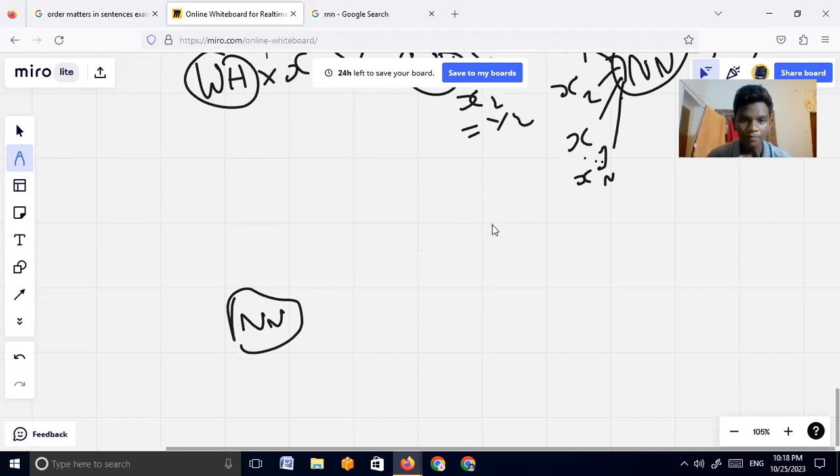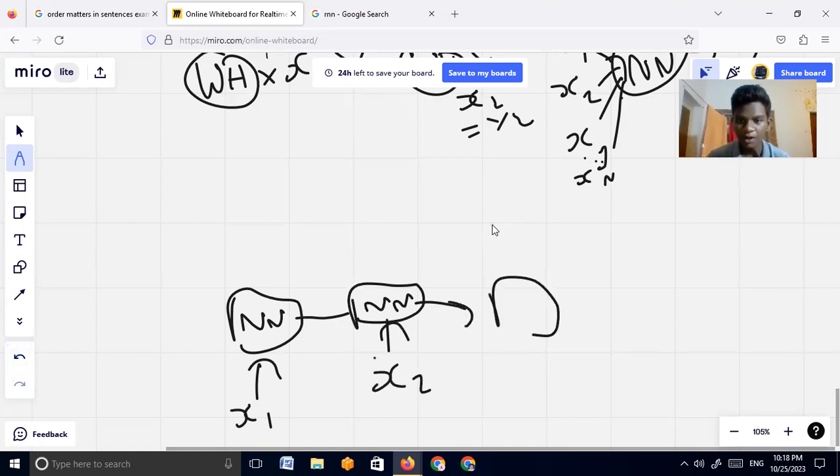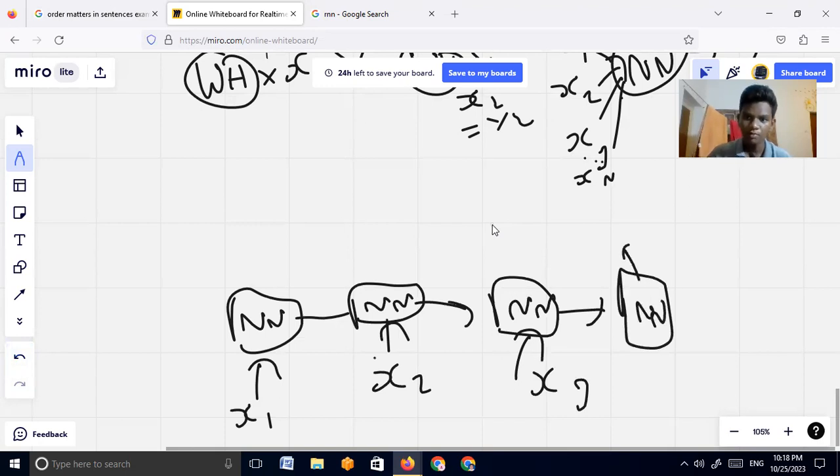We could have an NN which takes in our input x1 and tries to predict y1 for that word, or not even this, right? Let me just introduce another architecture, a seq to seq architecture, NN, x2, and maybe we have three words, x3, and maybe we have only two words in the translated language, like Telugu, y2.